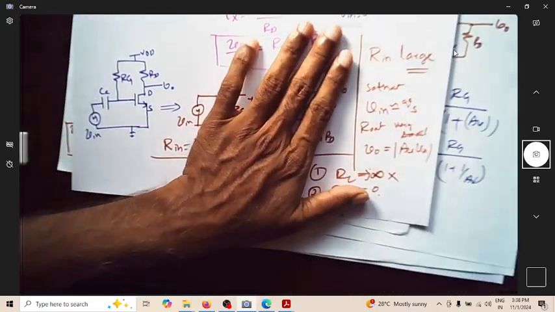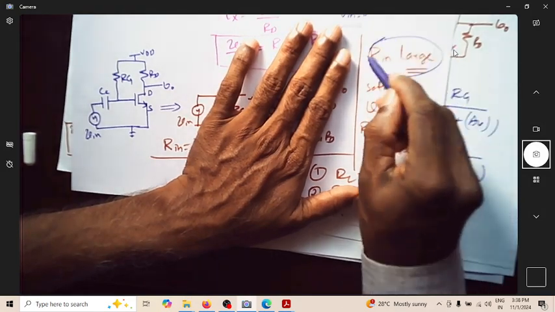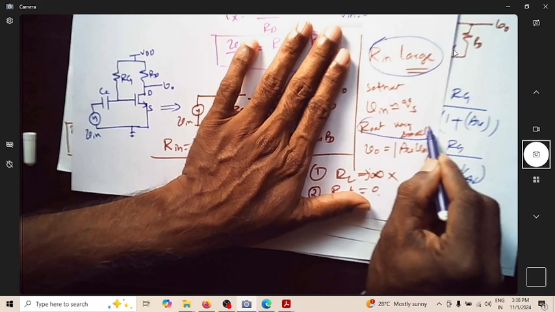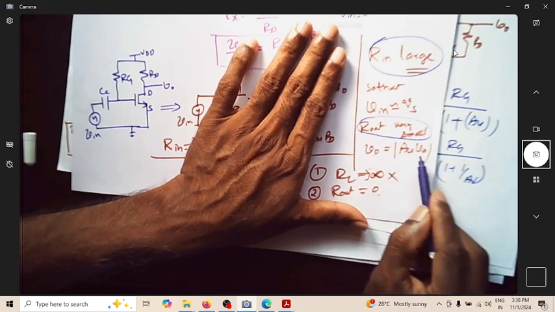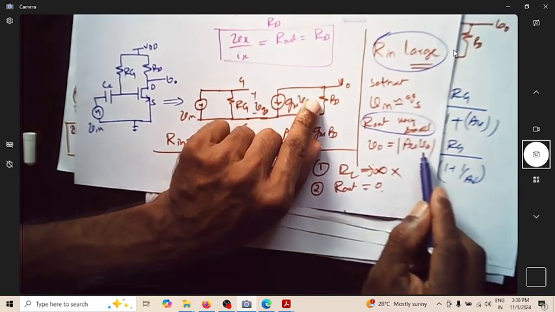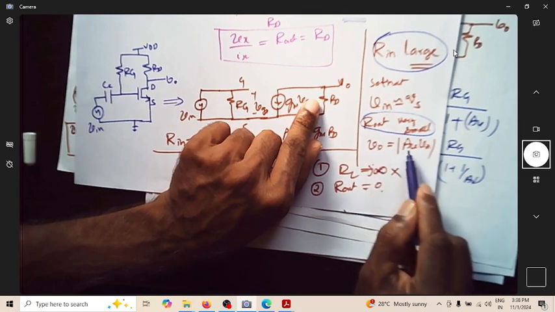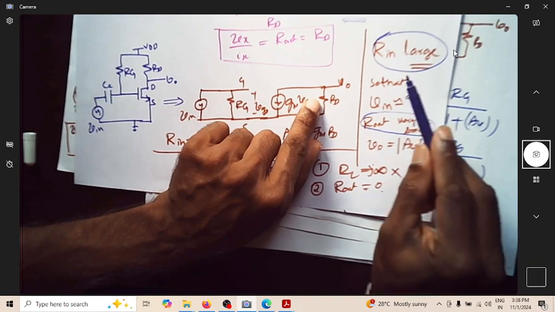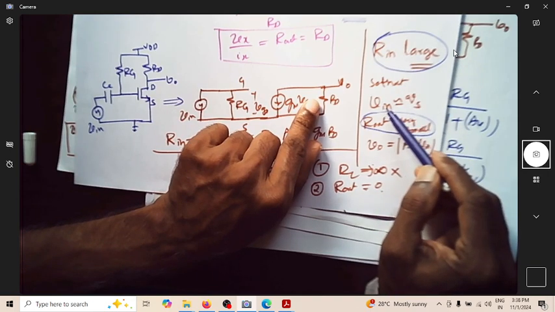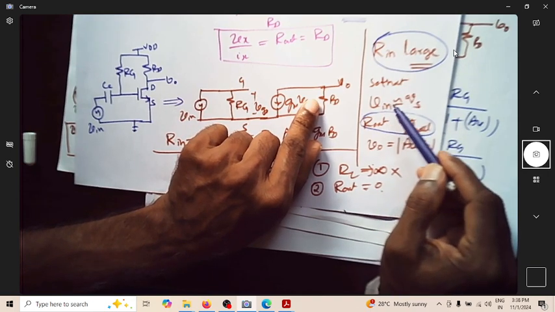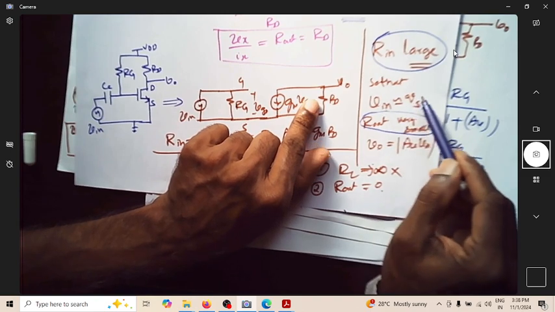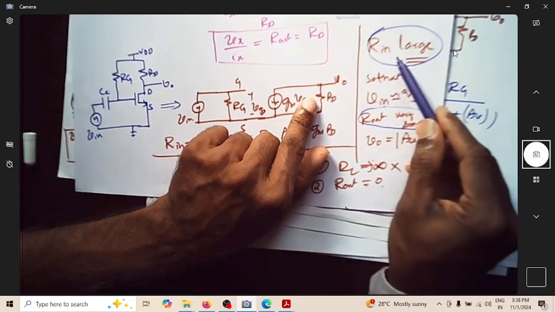So Rin should be large, the input impedance should be large, and output impedance should be very small, so that output is input times the gain. And to make the entire source voltage reach the amplifier, Rin should be large.